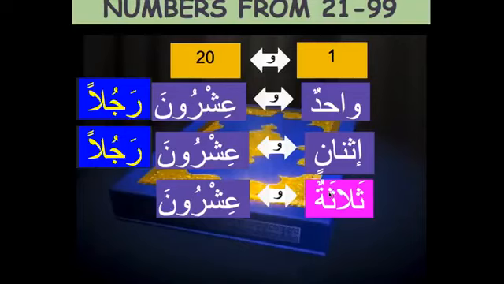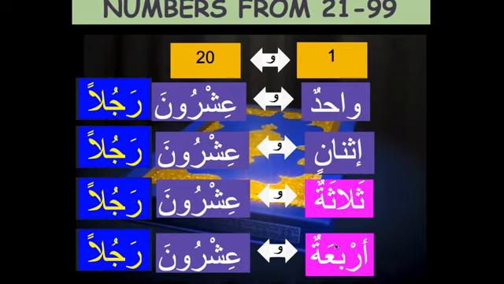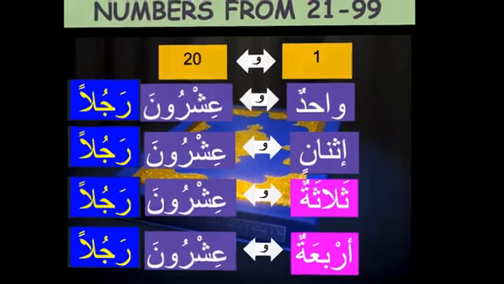And when 3 comes, then thalathatun wa ishiruna rajulan. So when we have mudhakkar ma'dud, then we have muannath number. Arba'atun wa ishiruna rajulan. Here we use indefinite double tanween.